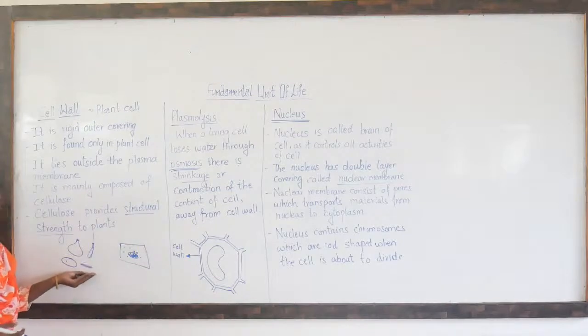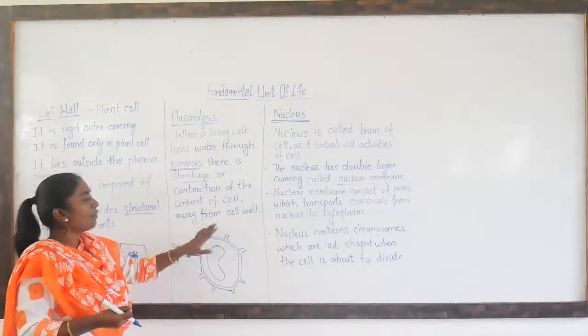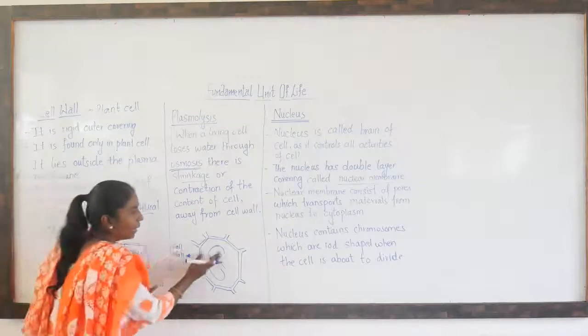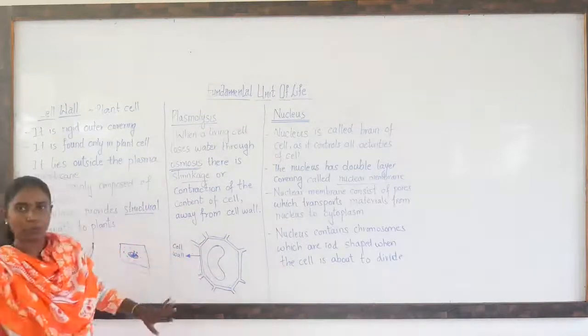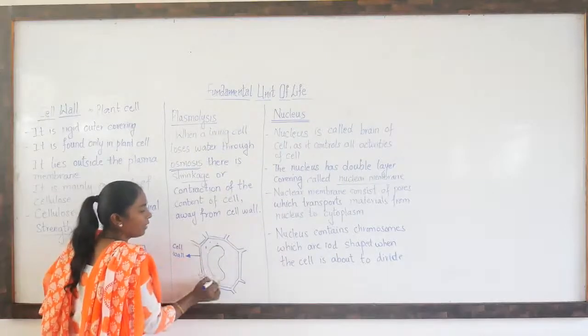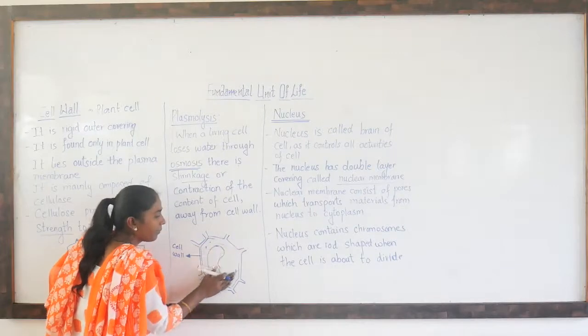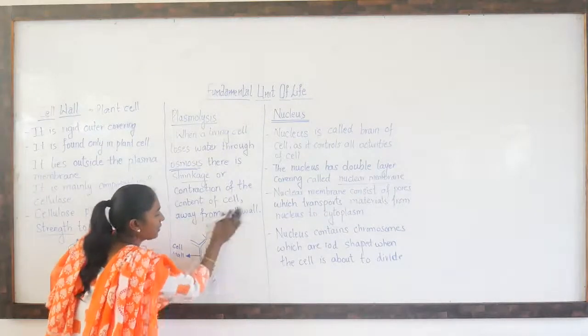The same type happens with the cell. The cell will lose water and it contracts or shrinks, the contents of the cell moving away from the cell wall. So what will happen now? Now this is a cell filled with water. When plasmolysis takes place, it will lose this water content and it will shrink.